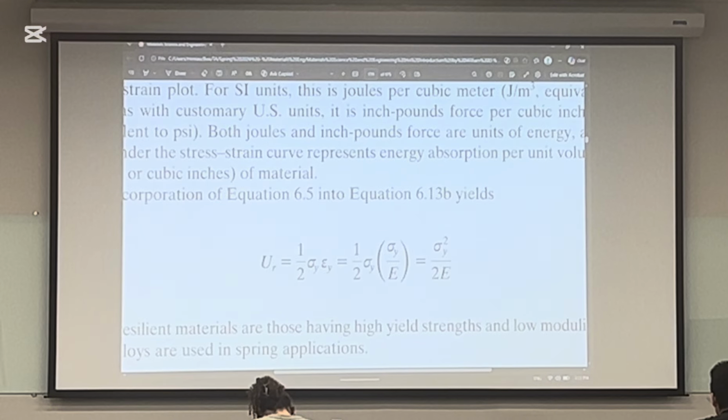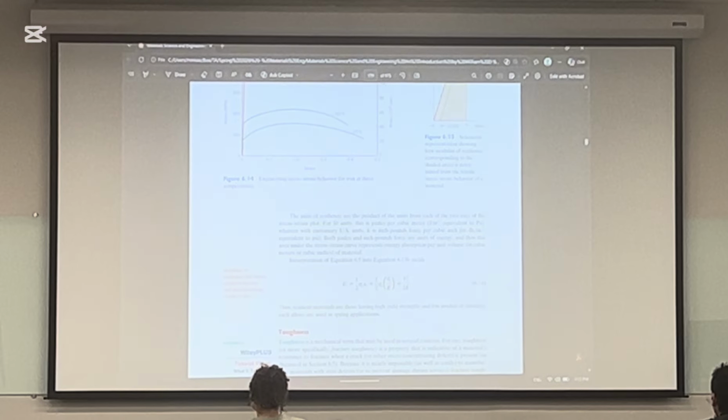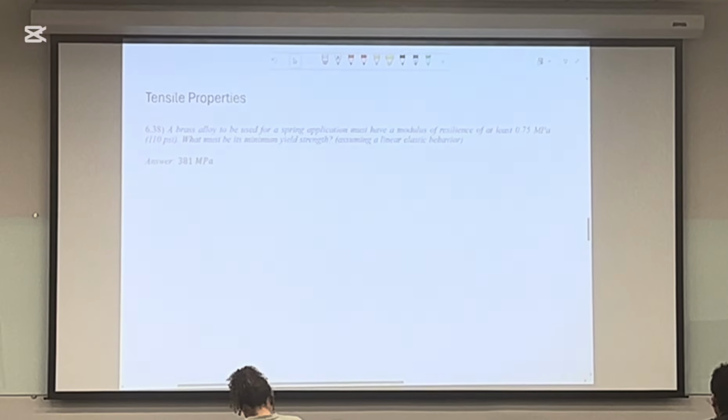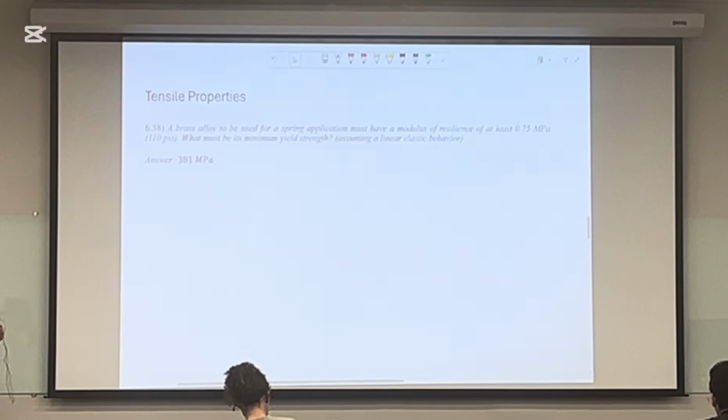Okay. Any questions about the resilience concept? So knowing that, we can solve this problem, so this should be easy now.